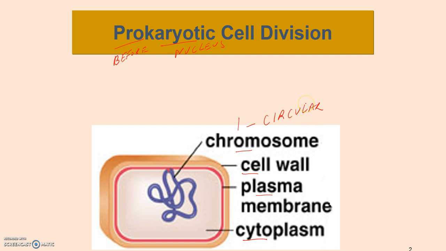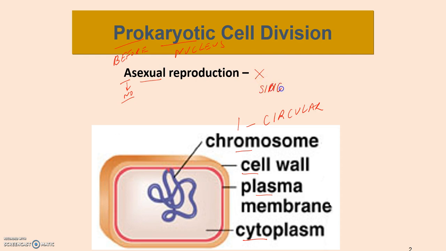So how does a prokaryotic cell, a bacterial cell, divide? Well, there will definitely be one term that you'll come across: asexual. A means no. So here, this reproduction does not require two parents. It requires only a single parent.